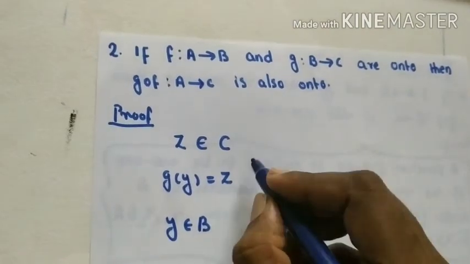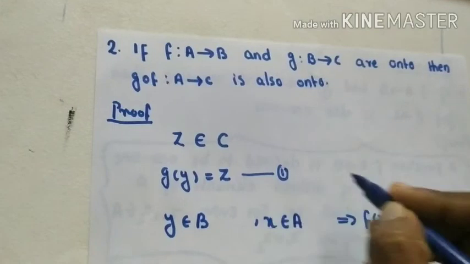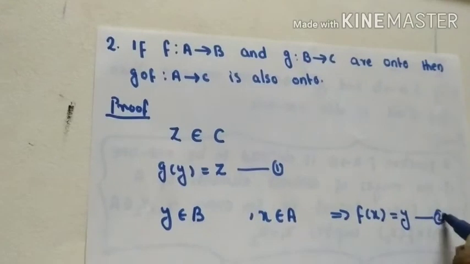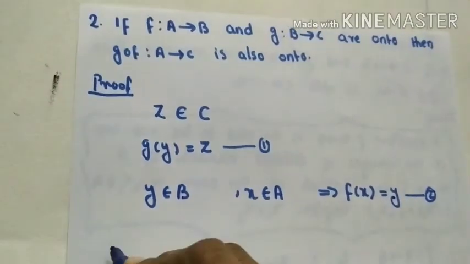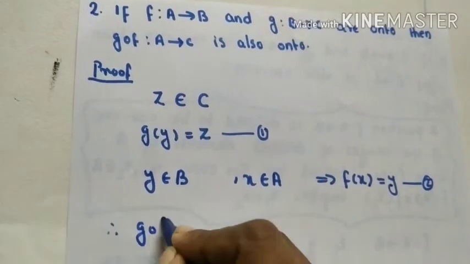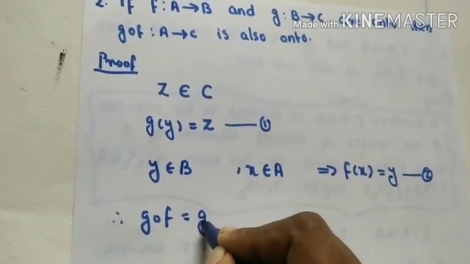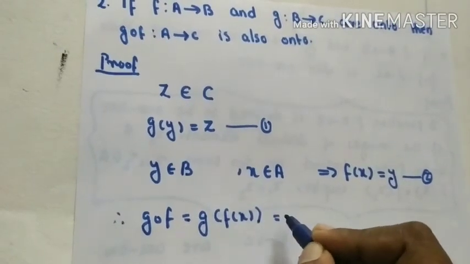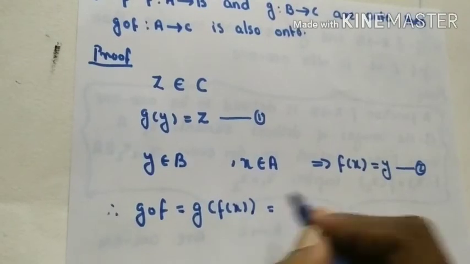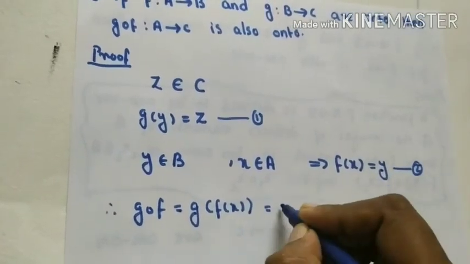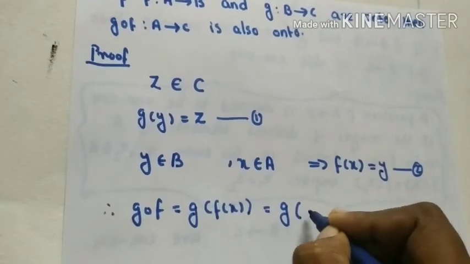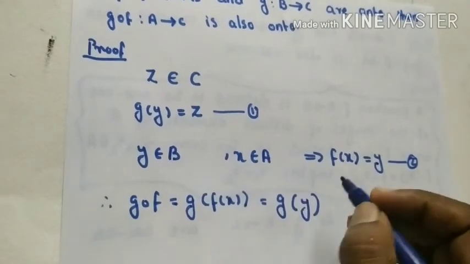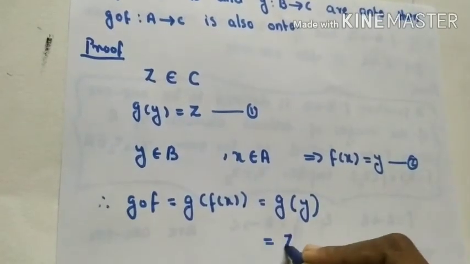Let us name the first one as equation number 1, and the second as equation number 2. Therefore, we know that g of f of x, we replace f of x by y, since f of x equal to y from equation number 2, and g of y, from equation number 1, is equal to z.